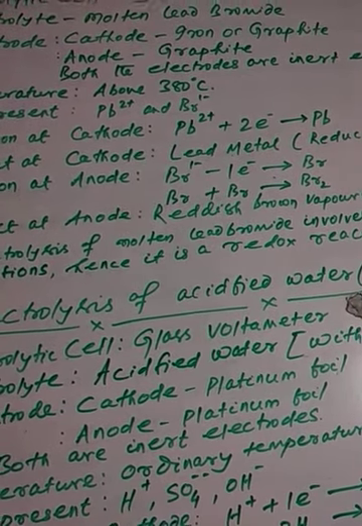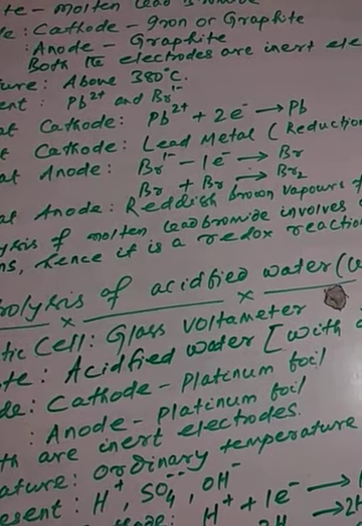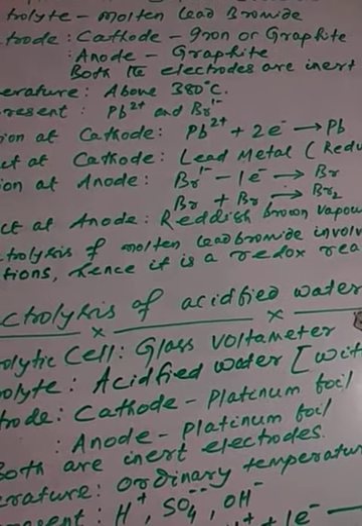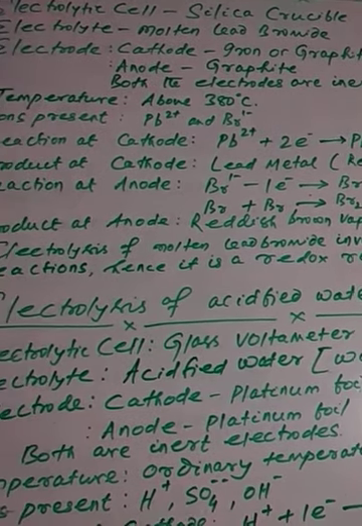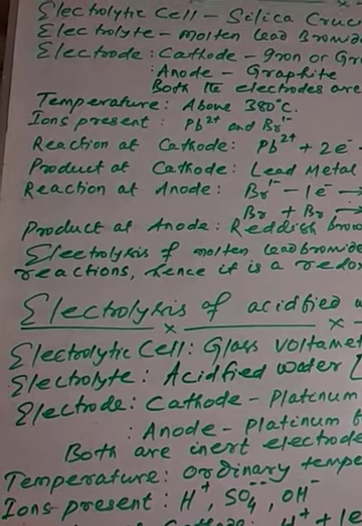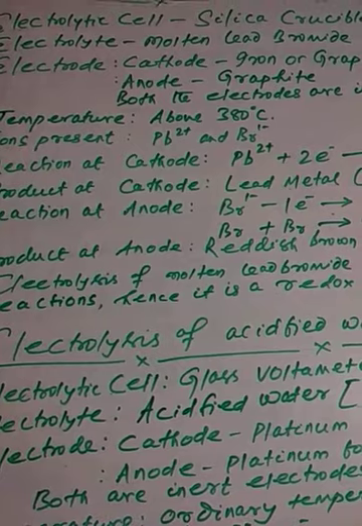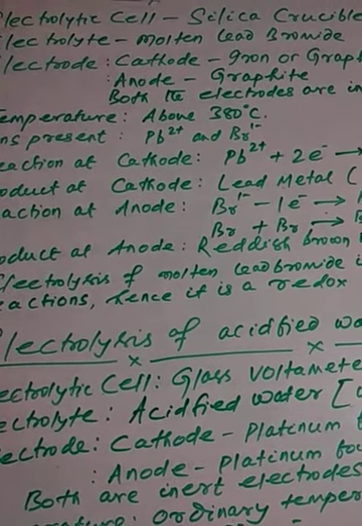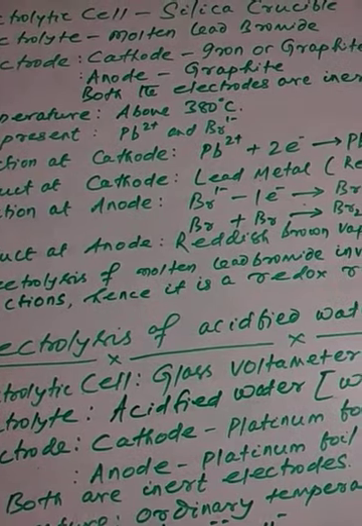Now, the bromide ions give up electrons, resulting in the formation of neutral bromine atoms. The neutral bromine atoms form bromine molecules by forming a covalent bond between them. The reddish brown vapors of bromine are hence seen at the anode when the molecules of bromine escape from the molten lead bromide and evolve as bromine vapors.